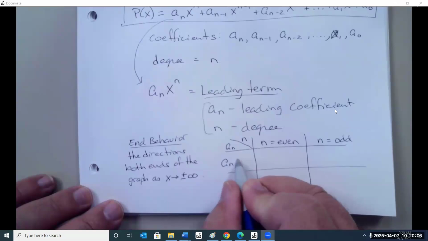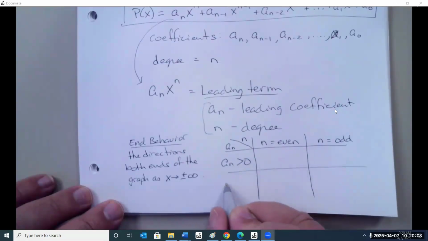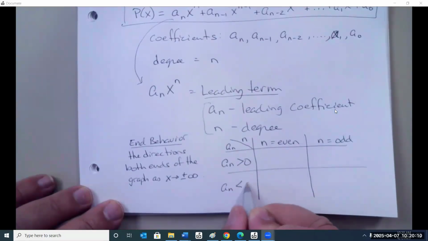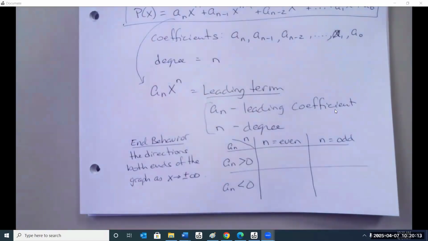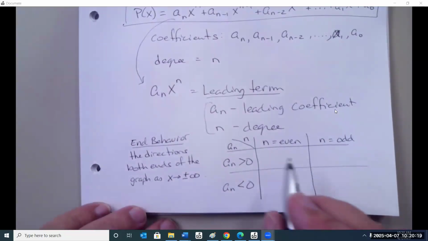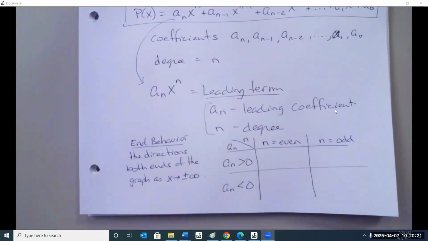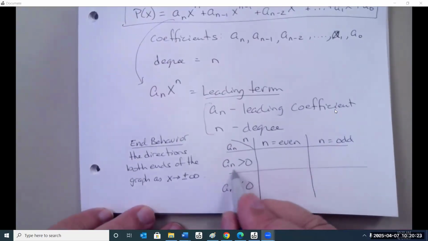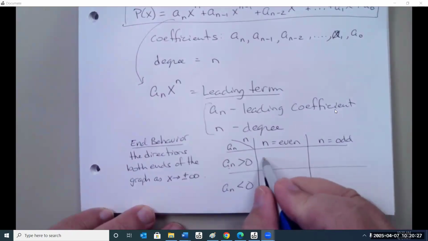Then, is the leading coefficient a sub n positive or negative? Remember, these are just the end behavior of the last intercepts.